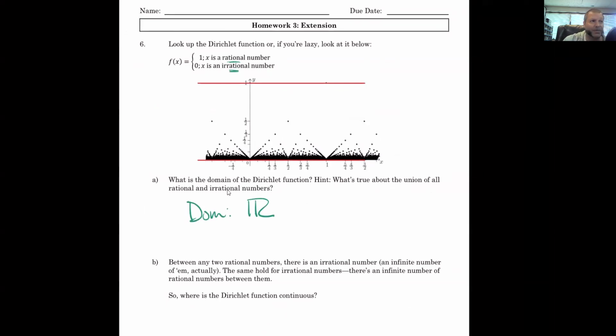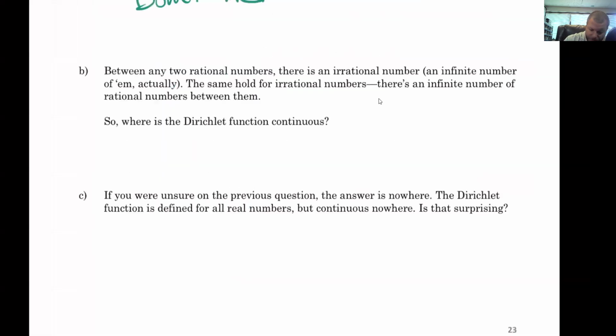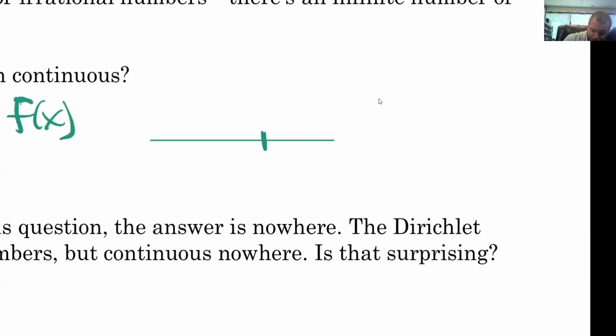But here's the problem. If you try to look at the continuity of this function, if I just pick some number a, where I don't even know what a is, right? If I looked at what happens as you approach from the left and from the right, well, suppose this is some rational number.